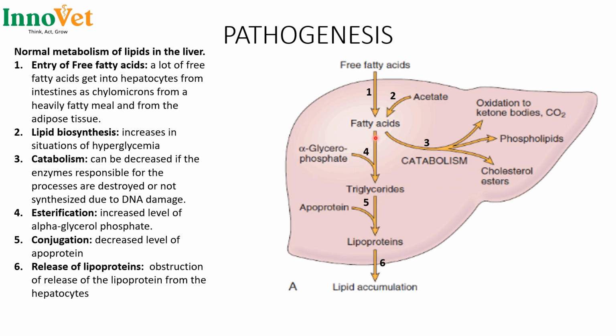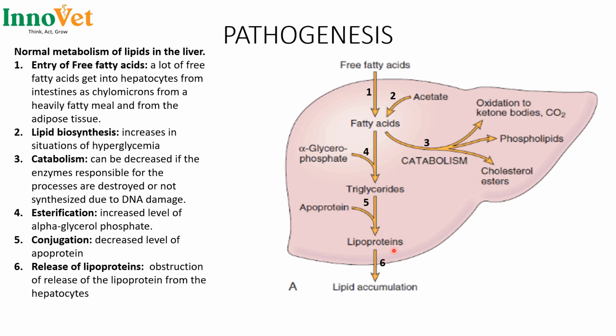Then step number 4 is where we now form the triglycerides or the lipids. And step number 5, which is one of the most important steps, is where we are conjugating these lipids to the protein.